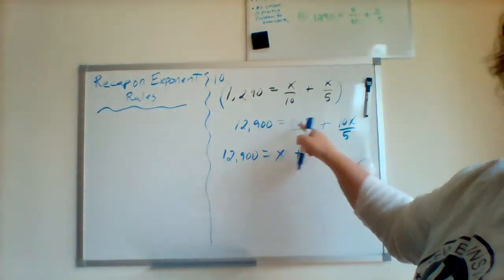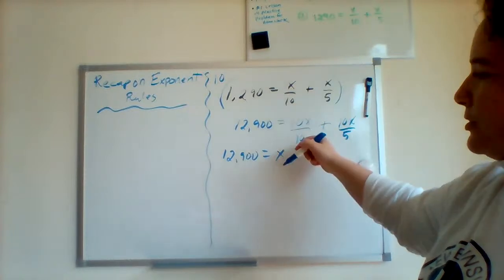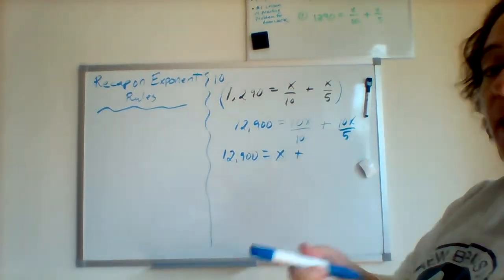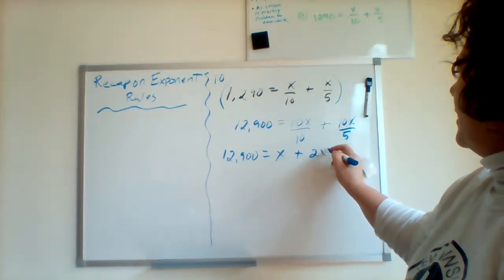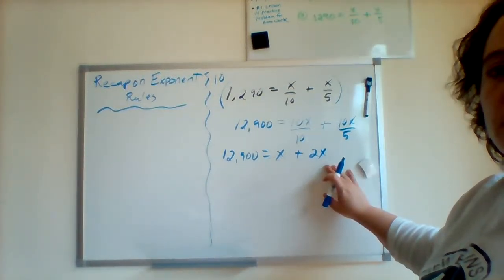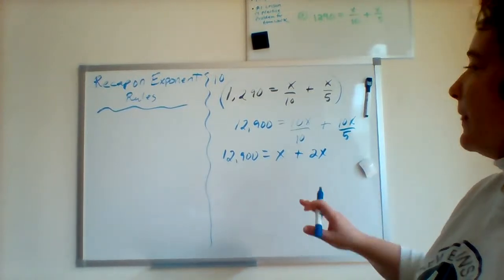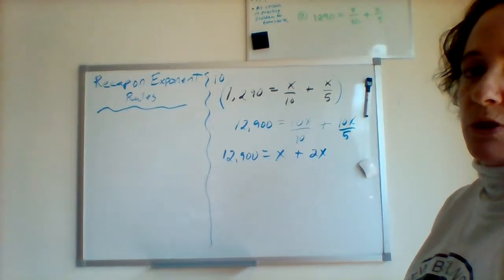And you don't have to always write that step down. When you're comfortable with this step, you can just go straight from here to here, right? Okay. 10 divided by 5 is 2, so maybe this is what you were thinking about. I'm not sure. There's your 2x. And now there's no fraction to work with. There might be a fraction in the answer. All right, I don't know yet. But at least you don't have to work with a fraction when you're moving stuff around.